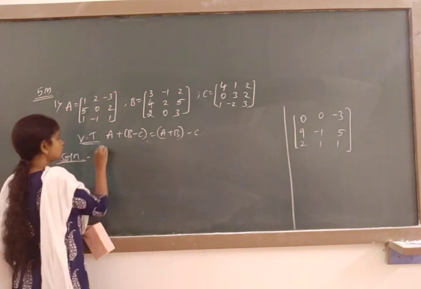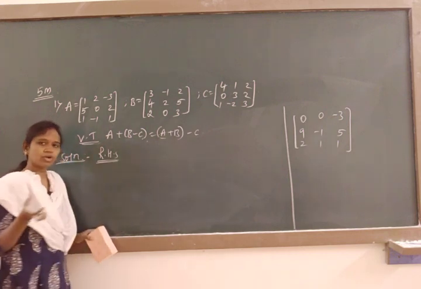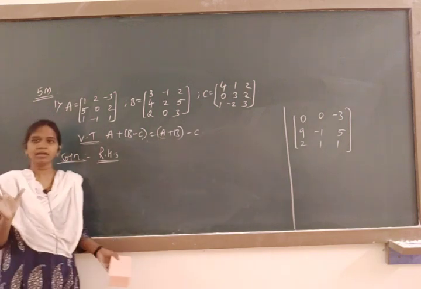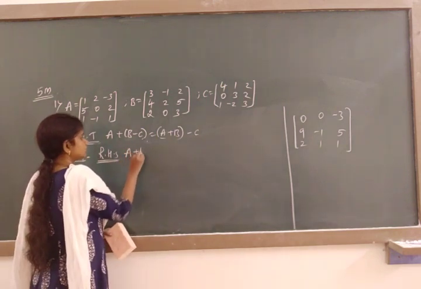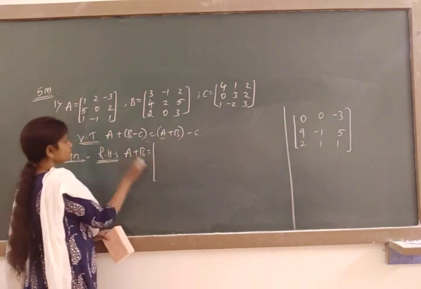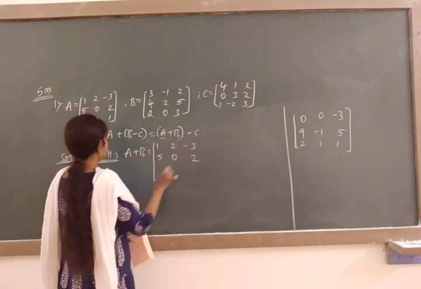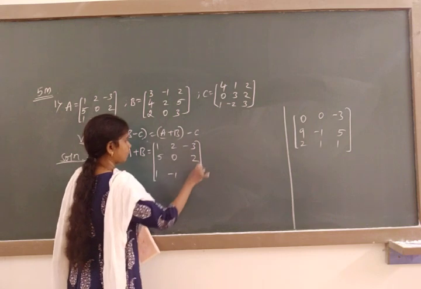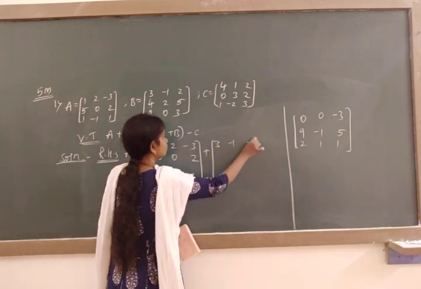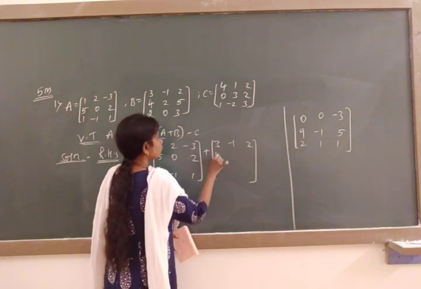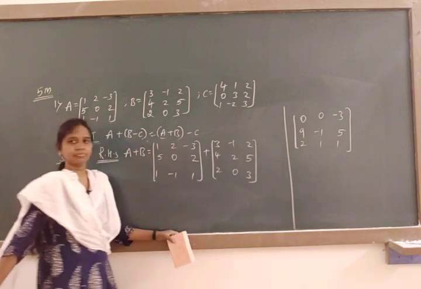So the RHS part. In the RHS part, which are our bracket elements? A plus B. Whatever elements are present in the bracket, we have to evaluate that first. A plus B is equal to, what is A? [1, 2, -3; 5, 0, 2; 1, -1, 1] plus B. What is B? [3, -1, 2; 4, 2, 5; 2, 0, 3].